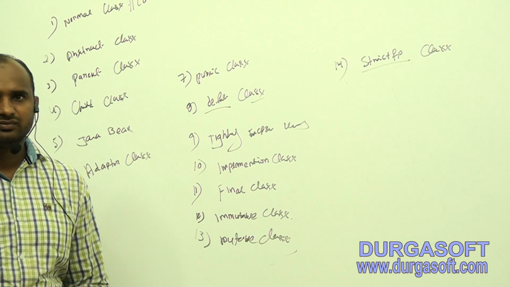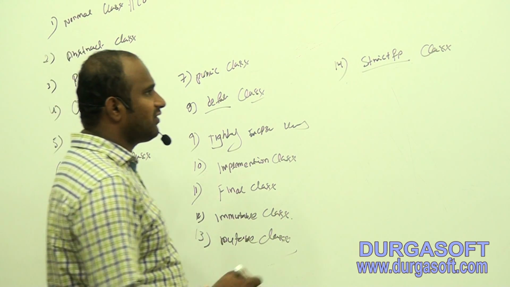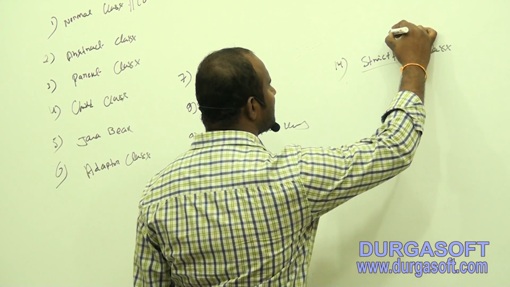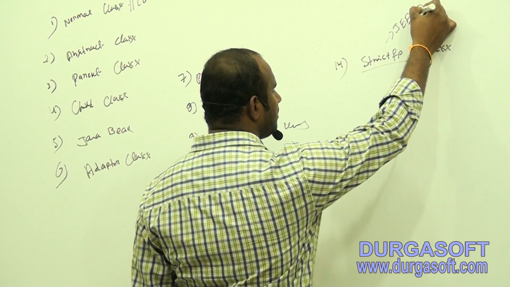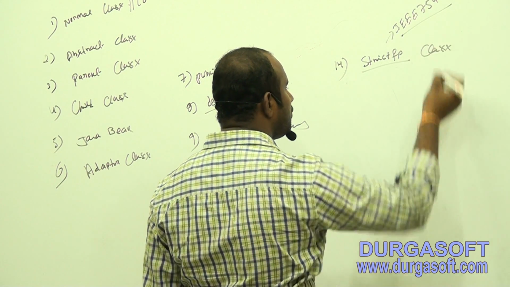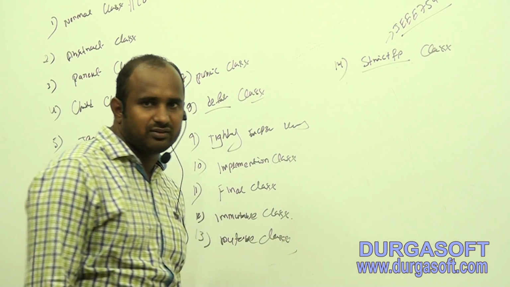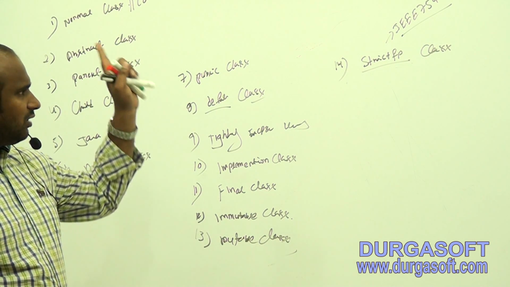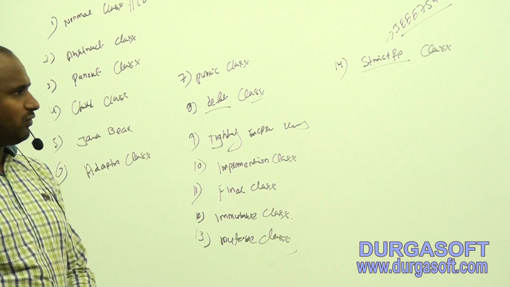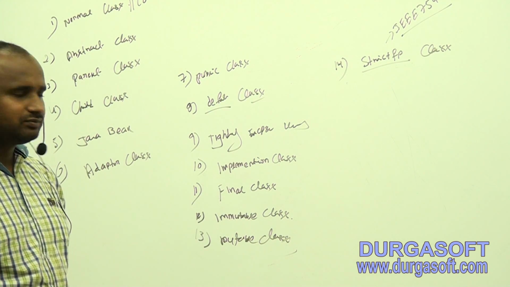If a class is declared strictfp, all the floating point calculations of this class will follow IEEE 754 to get platform independent results. I clearly explained strictfp in the main method concept, so if you want, you can please check that.